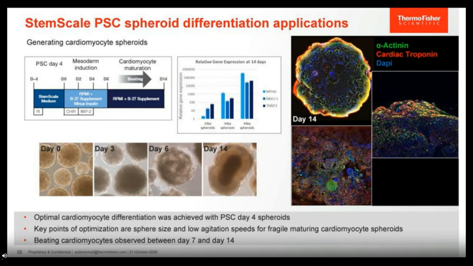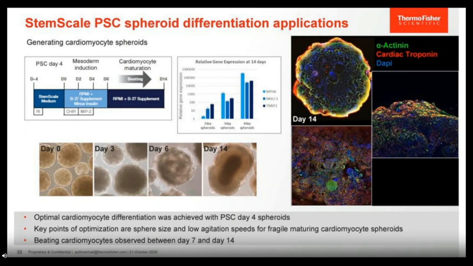What he found was that using the PSC day 4 spheroids resulted in the highest level of induction of these mesodermal and cardiomyocyte markers after the induction step. So this is a good example of, depending on what protocol you're using, you may need a different size PSC spheroids.